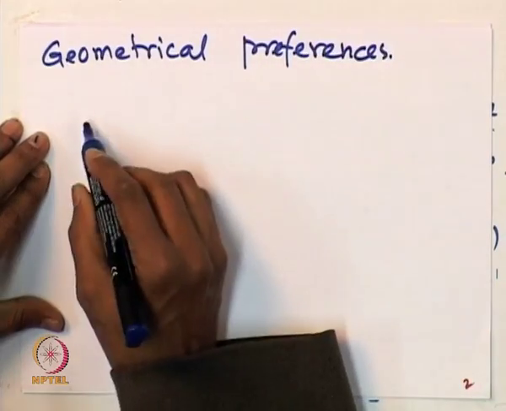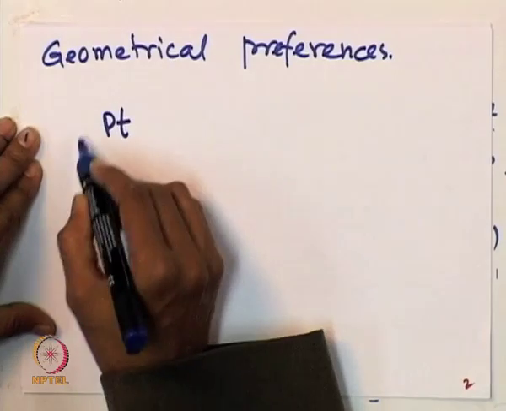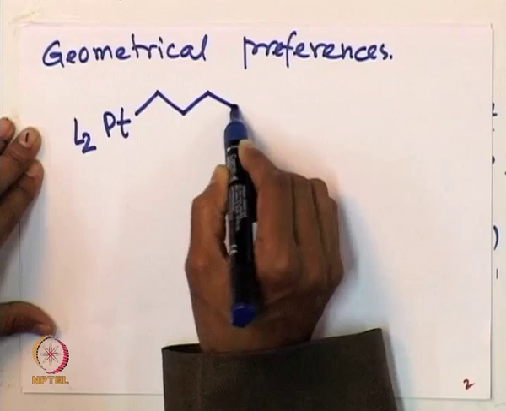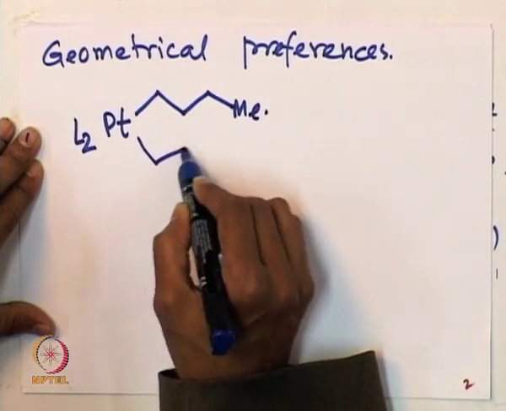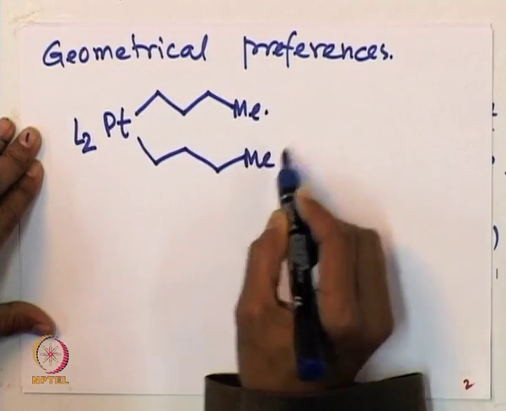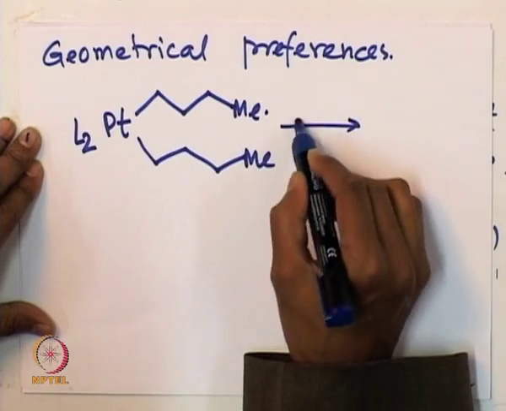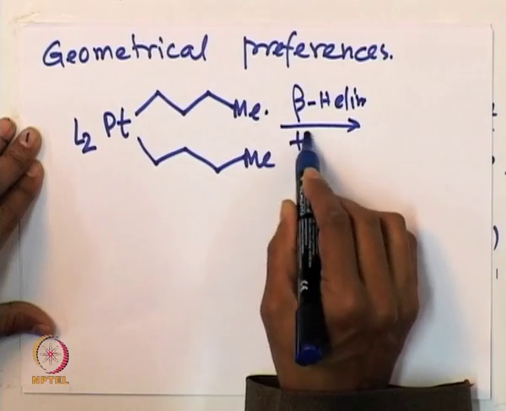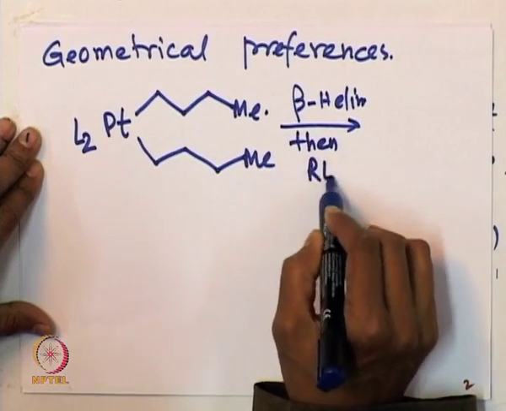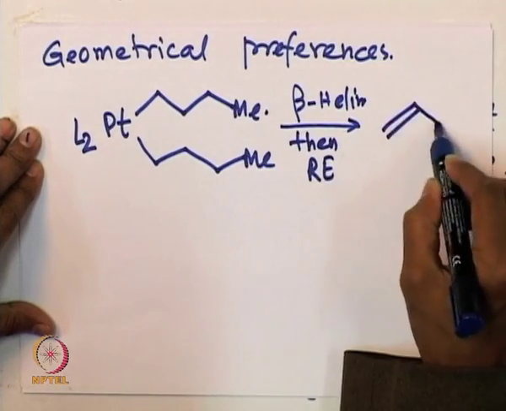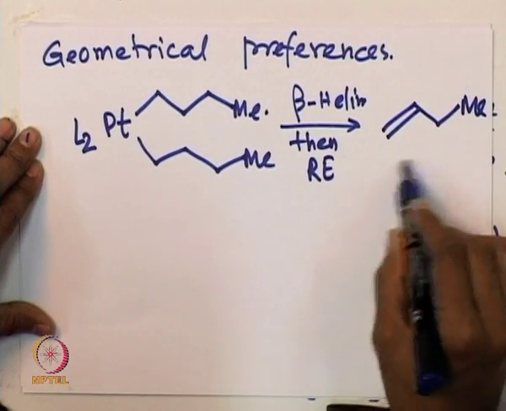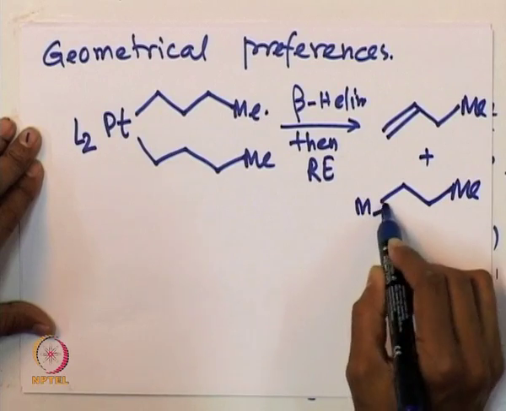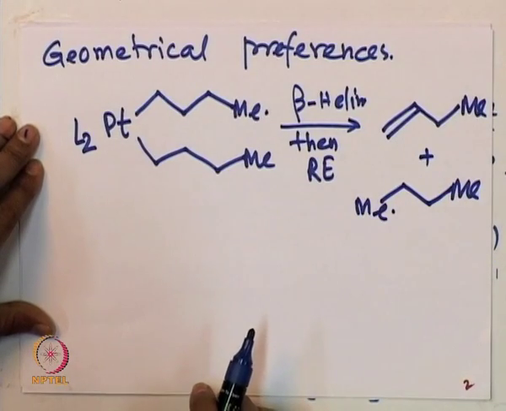The example we are going to briefly discuss is, let us say, you have a platinum complex with 2 ligands, and then you have an alkyl species like that, where it is an open chain process, and beta hydride elimination and subsequent reductive elimination will give you this product, plus, if you do it correctly, you will realize that this is the other product, right.